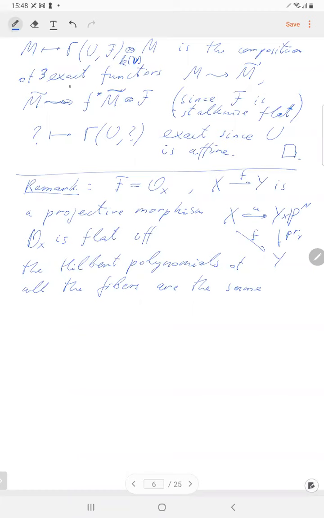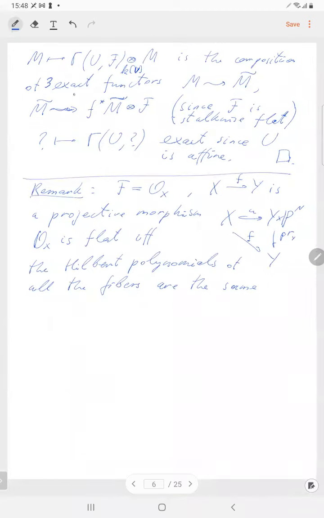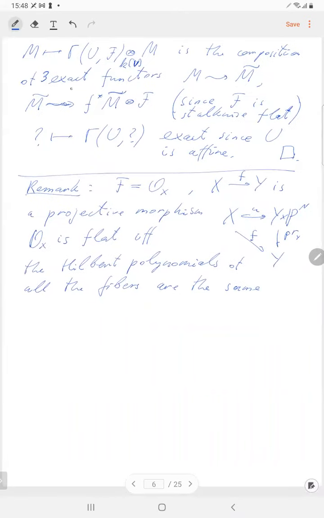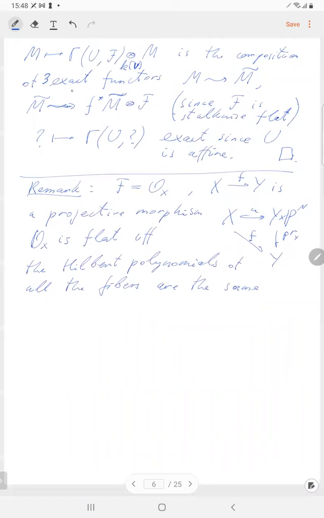And the same for more general F. So for arbitrary F, the Hilbert polynomials of X_y with coefficients in F restricted to X_y must be independent of y.